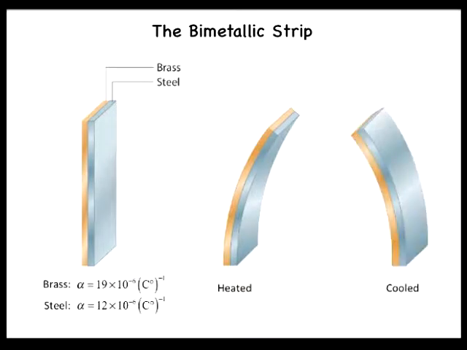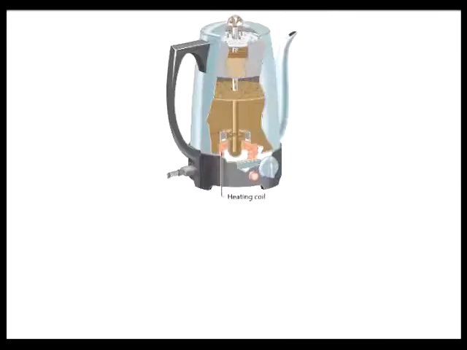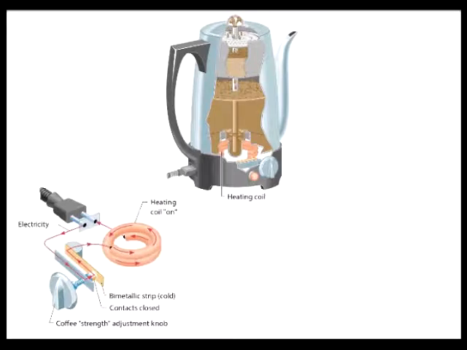Bimetallic strips are frequently used as adjustable, thermally controlled mechanical switches in electrical appliances. Consider an automatic coffee maker that turns off when the coffee is brewed to the selected strength. While the brewing cycle is on, electricity passes through the heating coil that heats the water. The electricity can flow because the contact mounted on the bimetallic strip touches the contact mounted on the strength adjustment knob, thus providing a continuous path for the electricity.